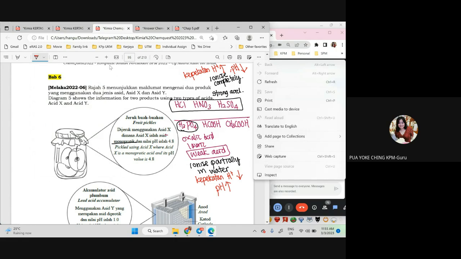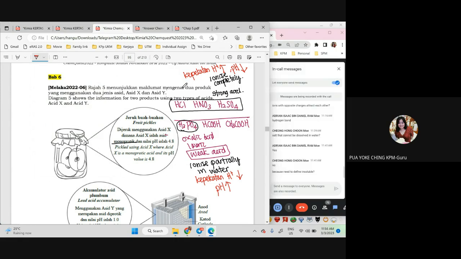So, kalau you tengok ada 2 jenis acid, so biasanya mesti datang dari yang macam ni. So, jeruk buah-buahan acid X, so you dah tahu kalau nak buat jeruk buah-buahan, you nak buat fruit pickles, the bahan that you use must be vinegar. Okay?